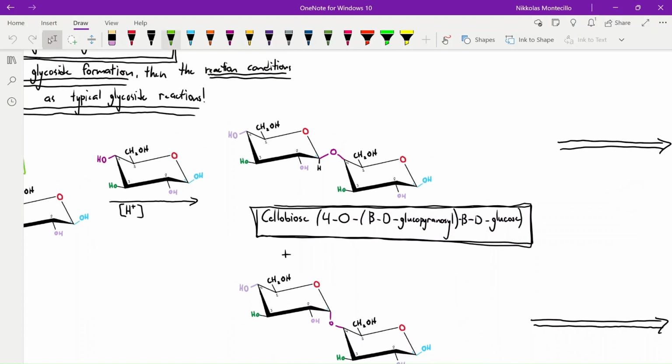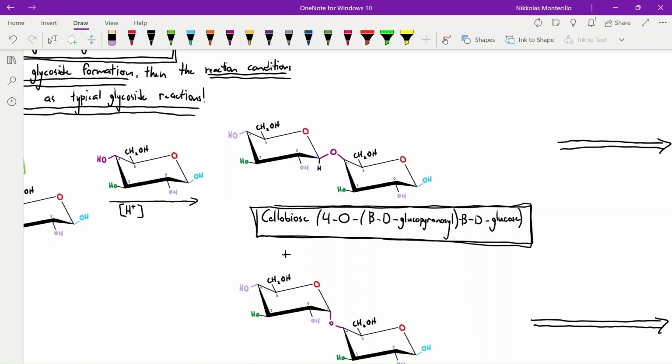Let's take a closer look at each of these stereoisomers. So we can see here that cellobiose, under IUPAC nomenclature, has the formal name 4-O, O for the oxygen bond that's formed between the two monosaccharides, 4-O-beta D-glucopyranosyl beta D-glucose.